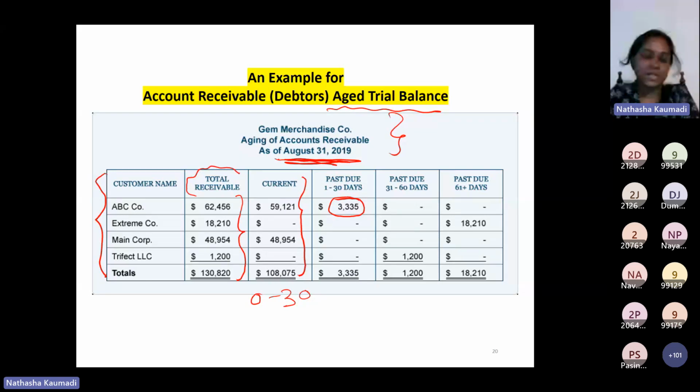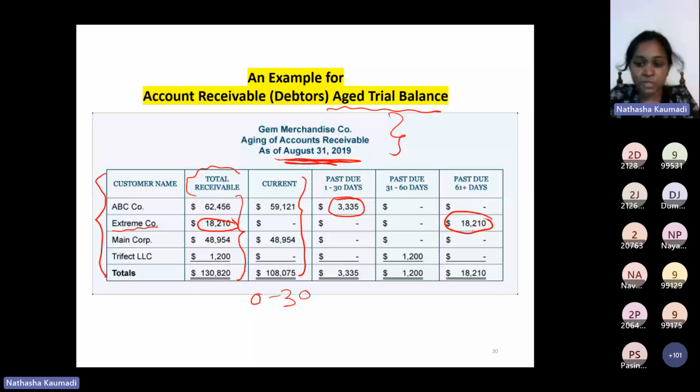Based on the age of these balances, based on the invoices, you are putting these values into different baskets. Now look at Extreme. An 18,000 balance is very old, 61 days plus. It is in this basket. So do we have to allow for, sorry, it can be bad debts, and it can also be doubtful debts.